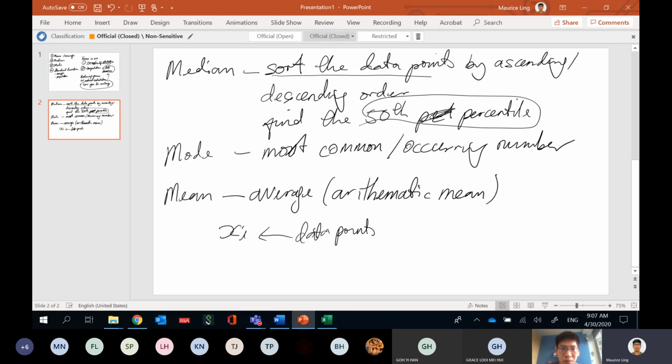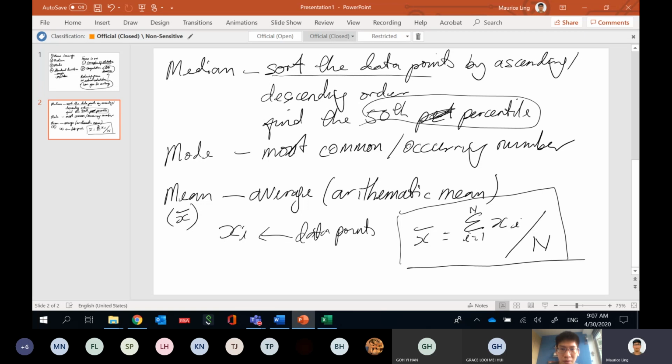The mean has the symbol x bar. The way to calculate it is the summation of all the x values from i equals 1 all the way to n, divided by n. So this formula tells you how to calculate average. x is the data point. You can have 5, 10 data points, just sum everything together and divide by the number of data points.